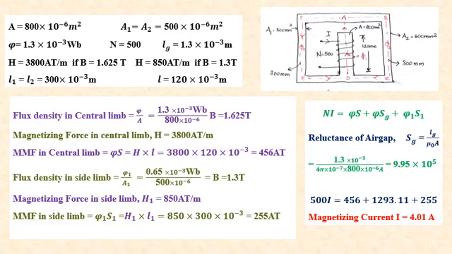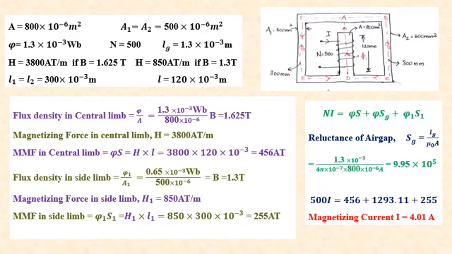But if there is an air gap, then the reluctance of the air gap must also be included. If the air gap is in the central limb, then accordingly you have to add depending upon the figure. So first of all write those equations, and from there we can start doing the problems.